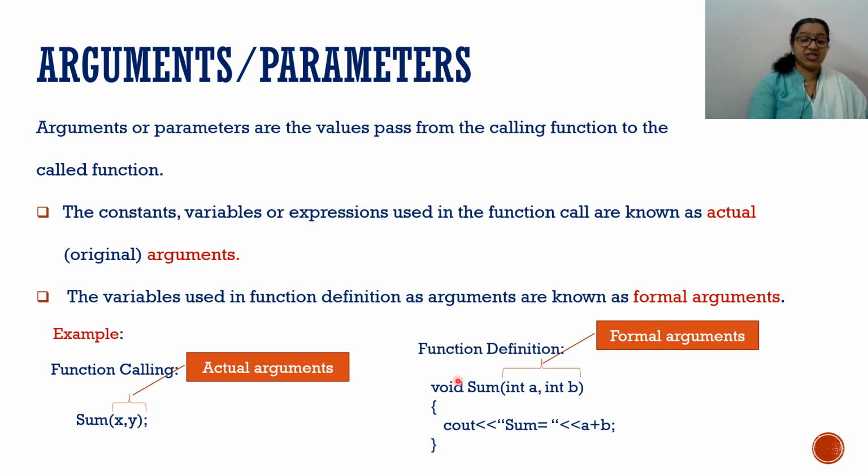And in the definition, we are using variables. The variables used in the function definition as arguments, as arguments means in the brackets on the header, we are putting the variables. So these arguments are known as formal arguments. Clear now? Okay.